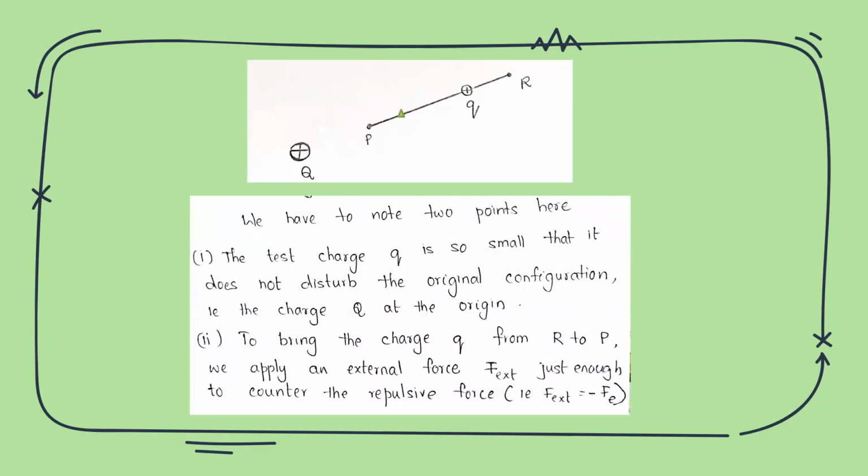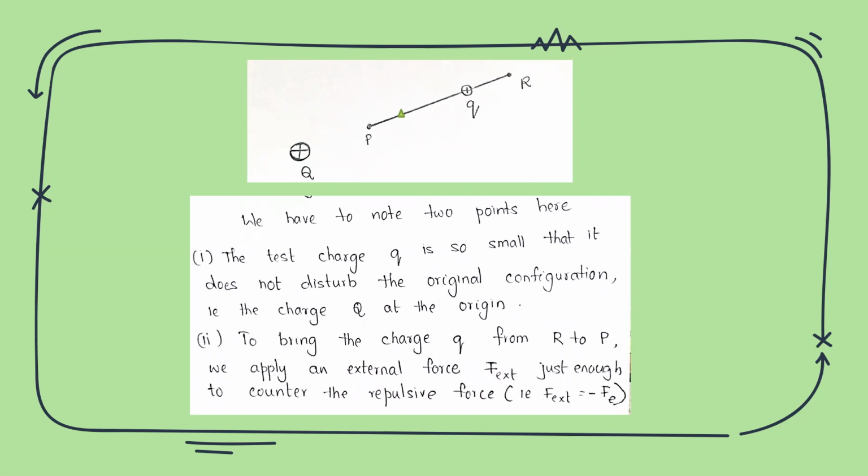Now, we have to note 2 points. The first point we have to remember here is that the test charge small q is so small that it does not disturb the original configuration, that is, the charge capital Q at the origin.